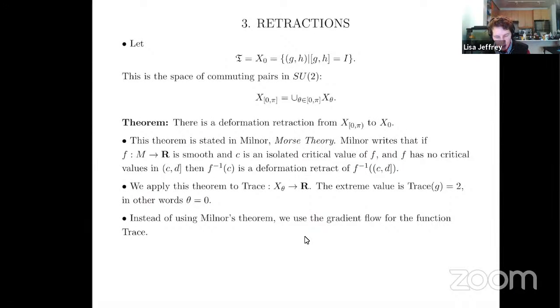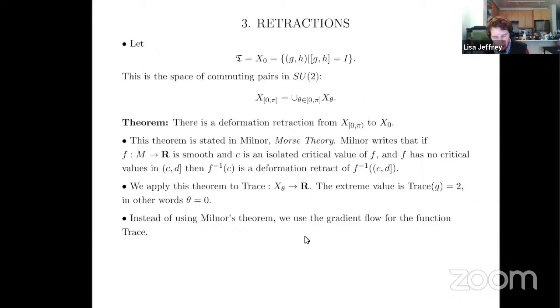So I'll write script I as the space of two-tuples where the commutator is equal to the identity, the space of commuting two-tuples in SU2. So this is the union of all the X thetas.